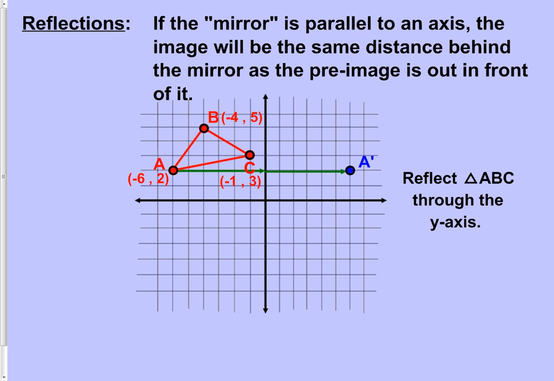Okay, one point at a time. Point B looks into the mirror. He is going to see himself the same distance out behind the mirror as he was in front of it. So it's 4 units to the mirror for point B. So point B prime is going to be 4 units out the back side of the mirror.